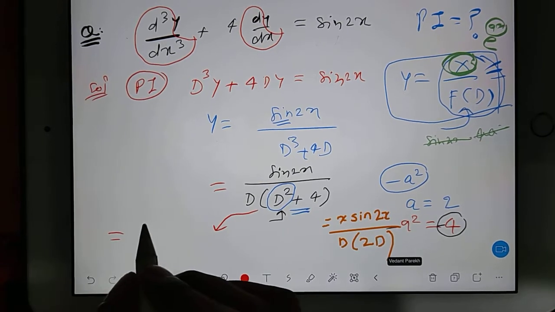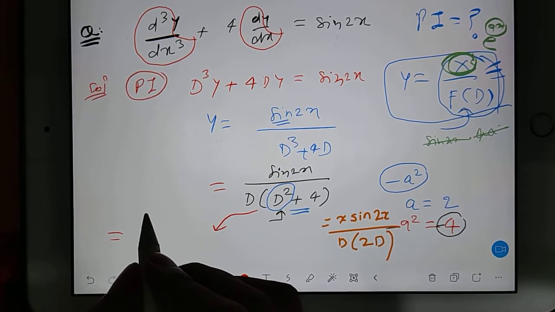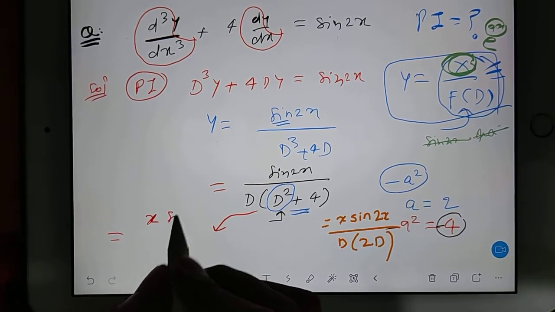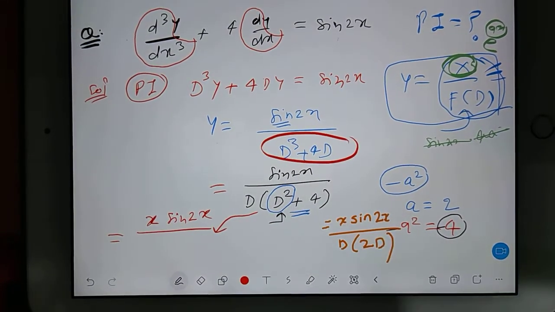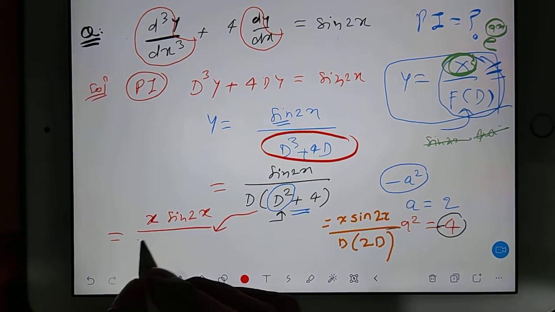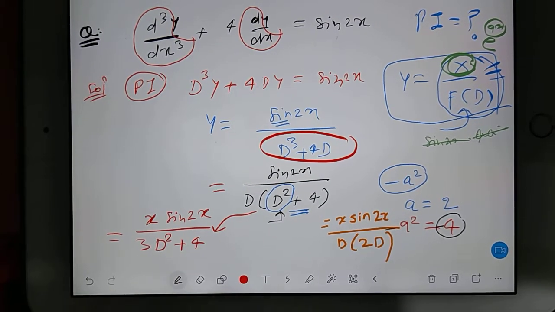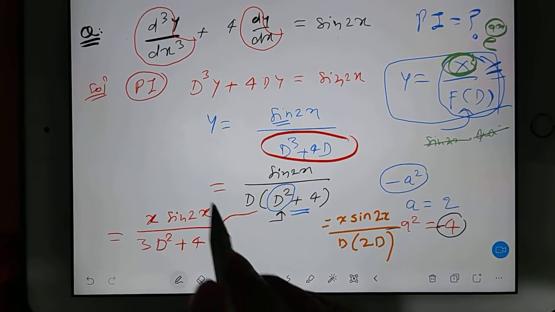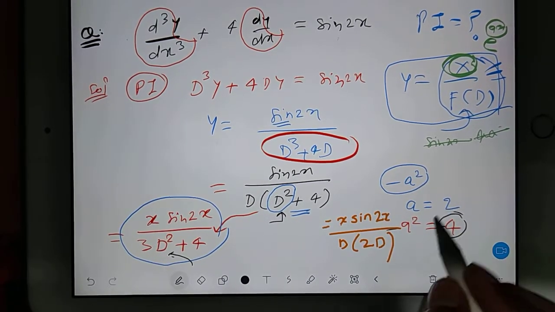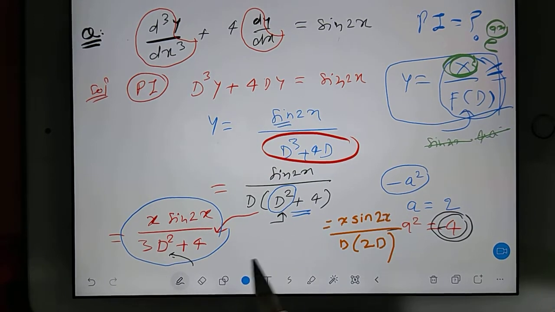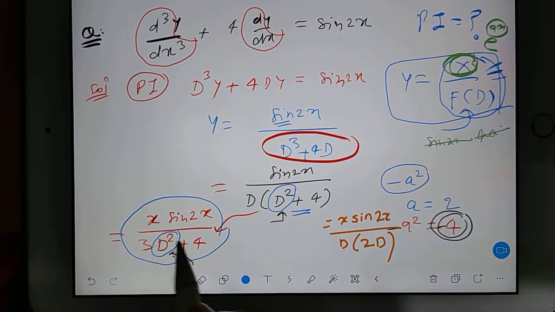You will write x sine 2x divided by, you have to differentiate this part, right? So it will be 3D square plus 4. This will be your new solution. Now in this solution, you have to try the same minus 4 and check whether it is working or not. So put minus 4, then it is working now.